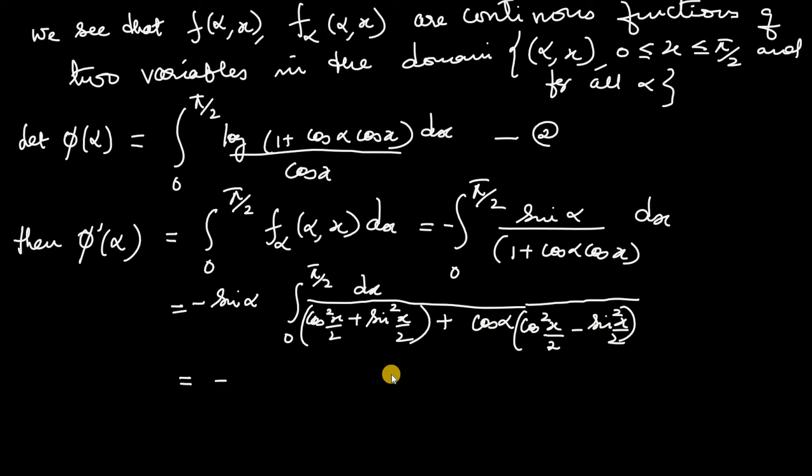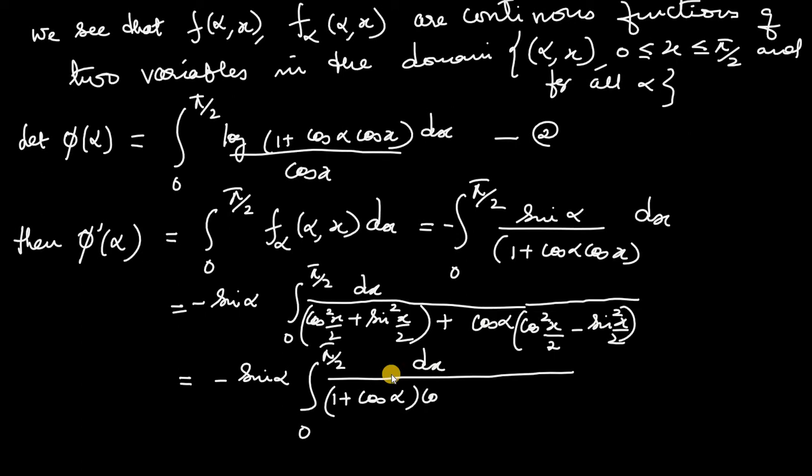So this is equal to minus sine alpha integral from 0 to pi by 2 of dx, whole thing divided by, you can combine this, cos square x by 2 is common, so you'll get 1 plus cos alpha into cos square x by 2 plus sine square x by 2 into 1 minus cos alpha.